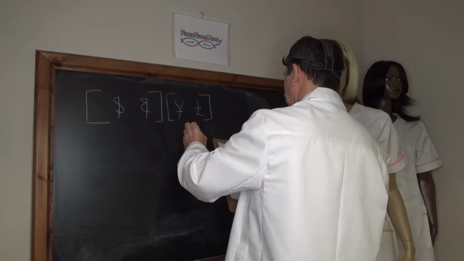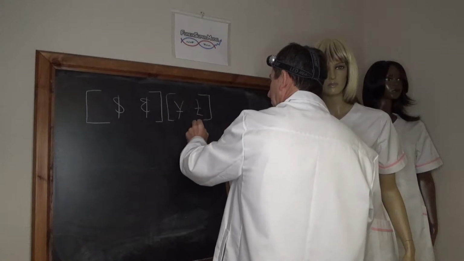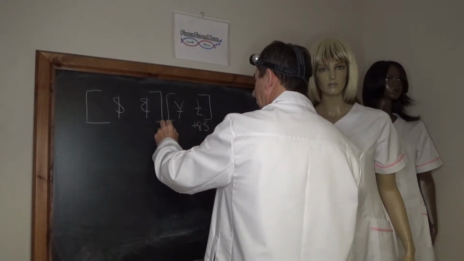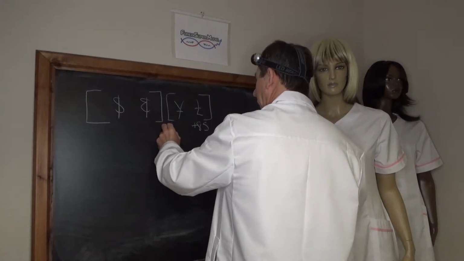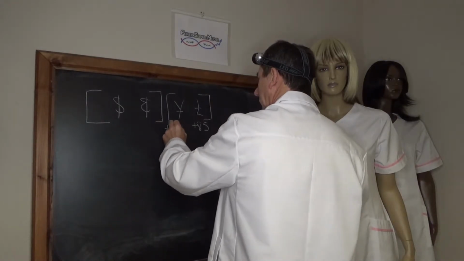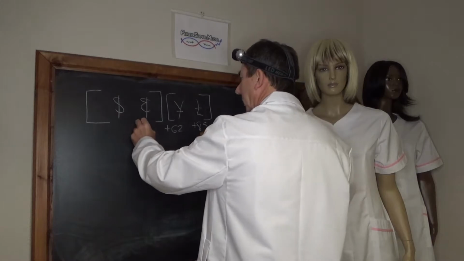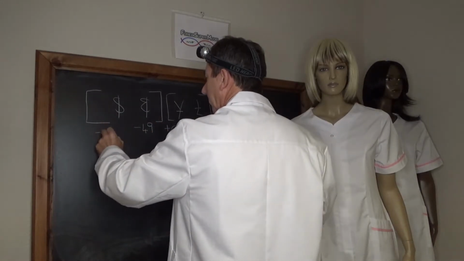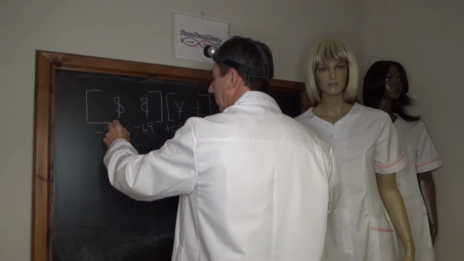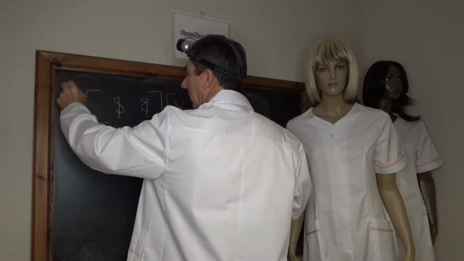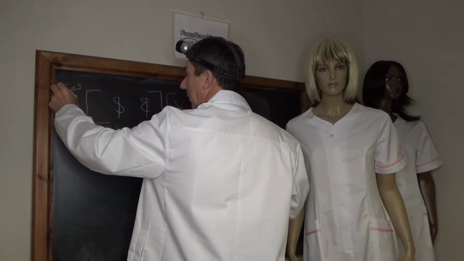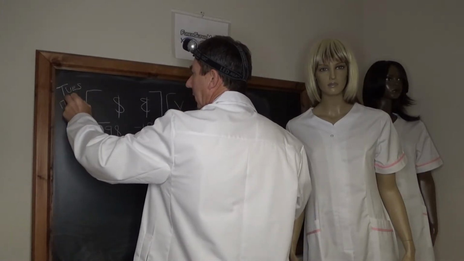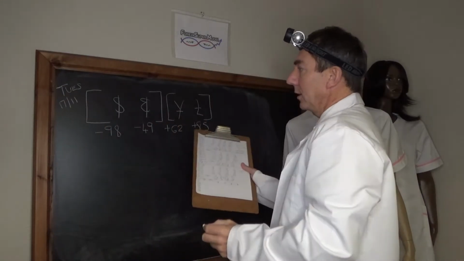So we'll put the figures in: plus 85 for the pound, plus 62 for the yen, minus 49 for the euro, and minus 98 for the dollar. So this was Tuesday the 17th of the 11th. That was the flows for the entire day.